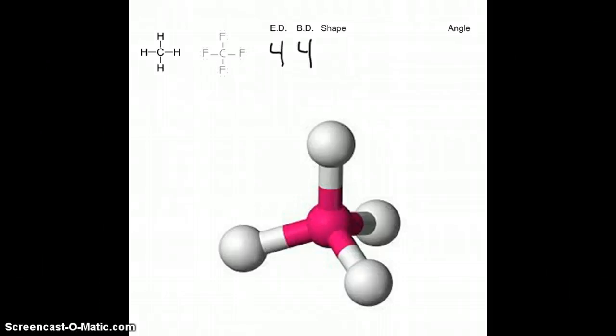When we do the calculations and space 4 bonds as far away from each other as possible, you'll note that the bond angle between this bond here and this bond here will be 109.5 degrees.